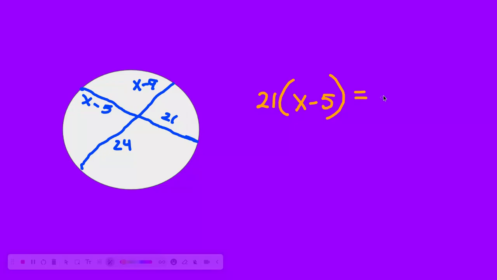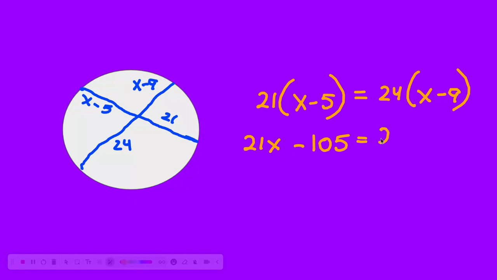And we know it has to equal 24 times x minus 9. And then we just distribute. So we're going to have 21x minus 105 over here, just doing the math, and 24x minus 216 over here.